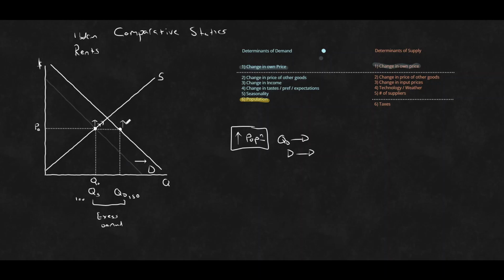So demanders start to bid the price up, suppliers respond, taking advantage of that economic rent, and this whole process continues until we arrive at some new higher P1 price for rent. And the resulting impact is that we get our new quantity exchanged all together. So higher prices, more rooms altogether available for rent.